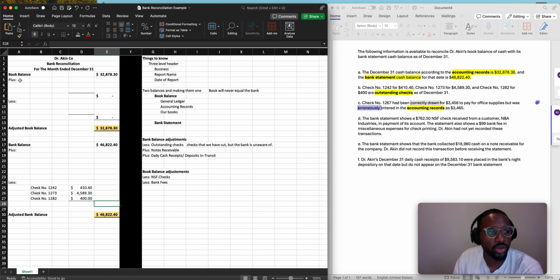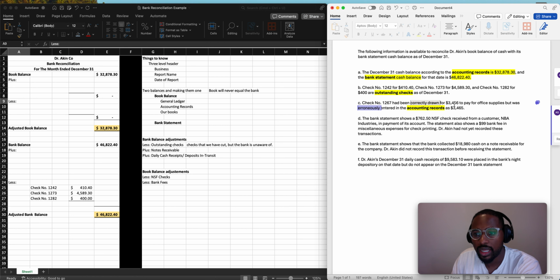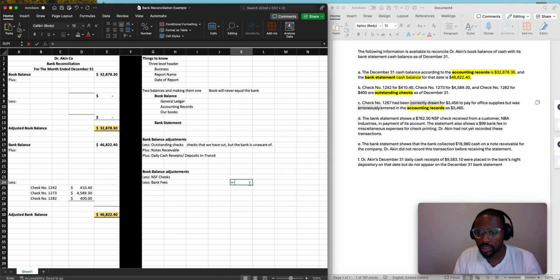Now the question is, do we increase our book or do we decrease it? Well, what's happening here? It says that this was supposed to come out, but this came out. Okay, so in other words, the difference between the two, which is 3,465 minus 3,456.